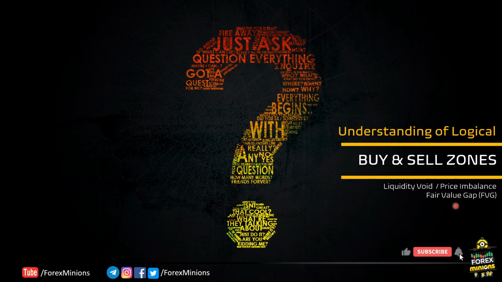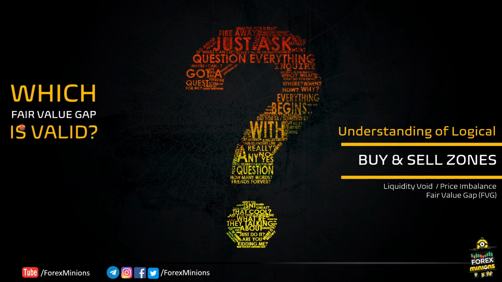When we talk about fair value gap, the very first question that comes to mind is: which fair value gap is valid? If you are trading in the Forex market, you have noticed that sometimes the market triggers your FVG entry zone and sometimes not. Sometimes the market respects the selected fair value gap, and sometimes the market strongly rejects this zone and moves opposite to the setup direction.